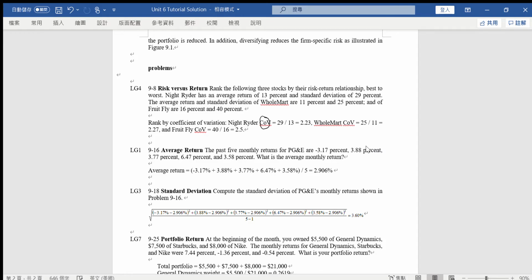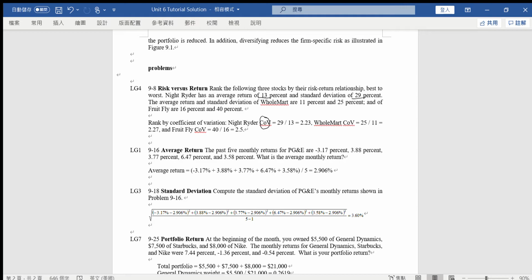That means you work out each one by one. For Light Rider, the standard deviation is 29 and the return is 13, and 29 over 13 is 2.23.